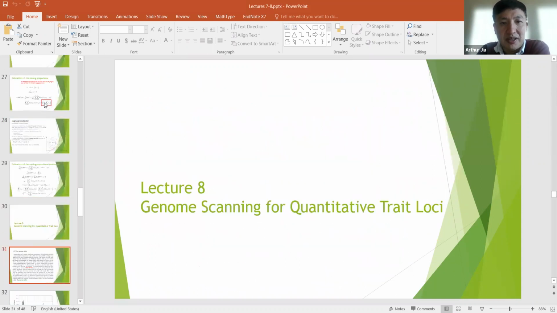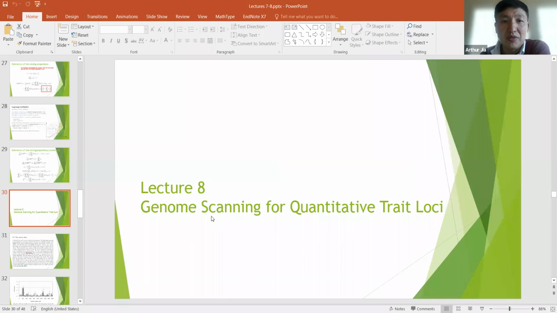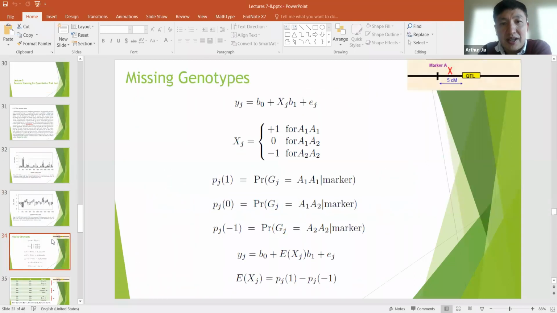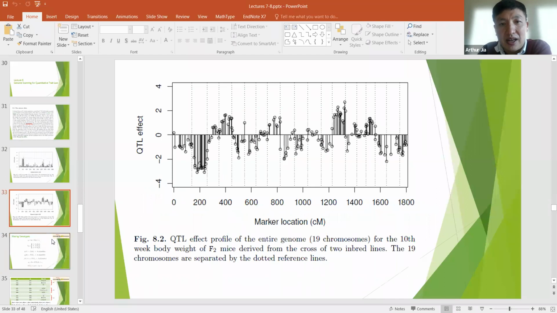But chapter 8, yeah, the genome scan. The genome scanning for quantitative trait loci. Understand how we do the genome scanning. If we have only a very limited number of markers, we can still scan the entire genome.